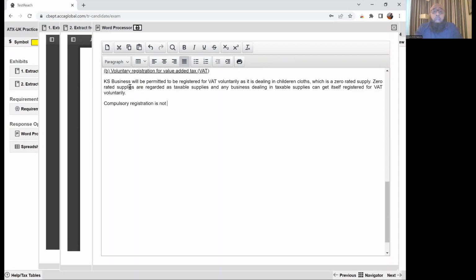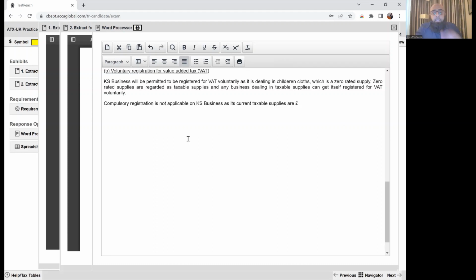Compulsory registration is not applicable on KS business, as its current taxable supplies are 48,000 pounds, which is its turnover.